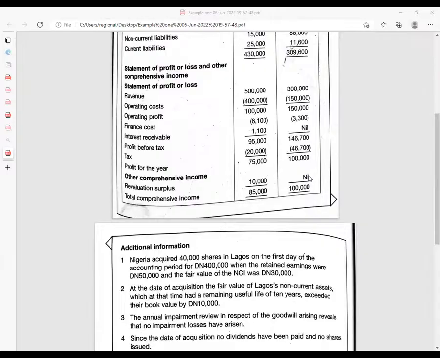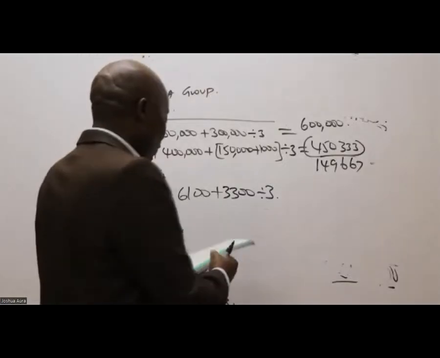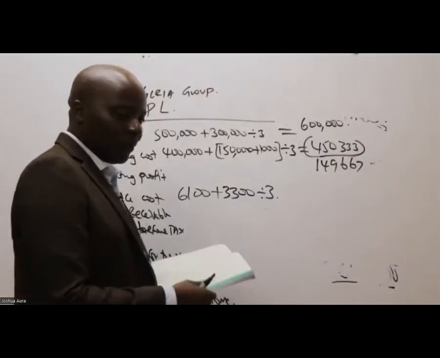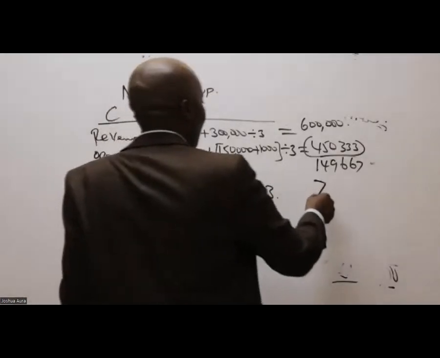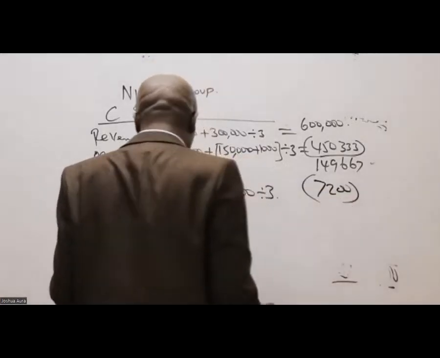But you see, this 3,300 has to be translated, so divided by the average rate, which is 3. So could you kindly give me this finance cost figure? What do we have here? Somebody? 7,200. I'm supposed to deduct that.